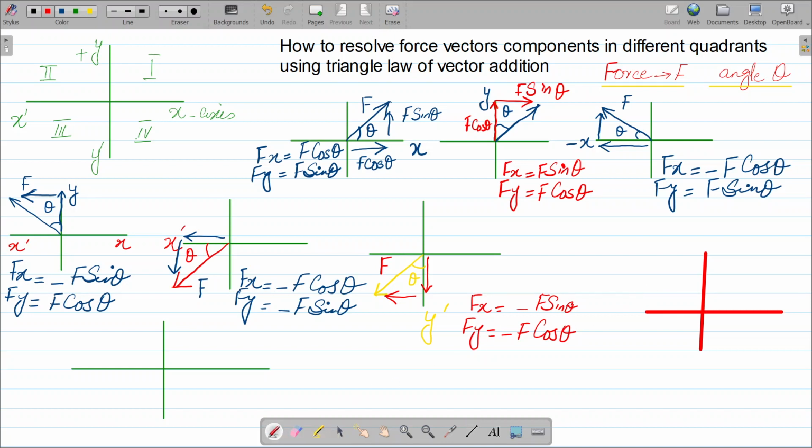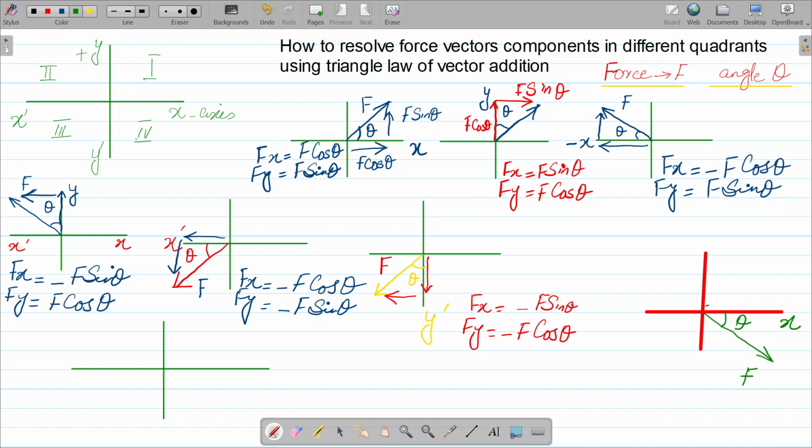Let's go to the fourth quadrant, and we say that this is our force F, and this force F is making an angle theta with the positive x-axis. So how are we going to resolve it? It is very simple.